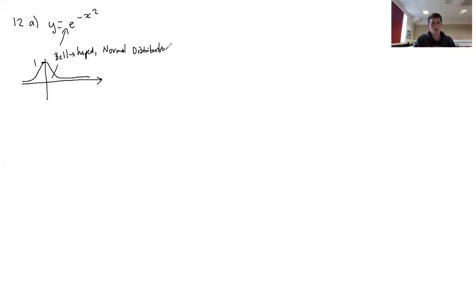Normal distribution or Gaussian distribution, okay? And in statistics, you work with curves like this, but you're going to be changing their shape, so they might look a little flatter and more spread out, or they might look a little bit more thinly distributed, so that you have all your values within a smaller range.